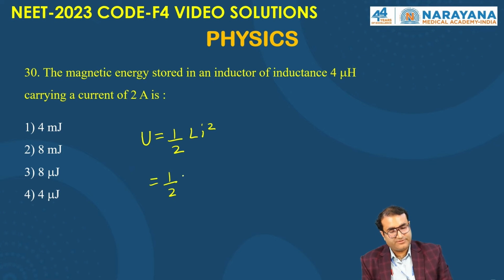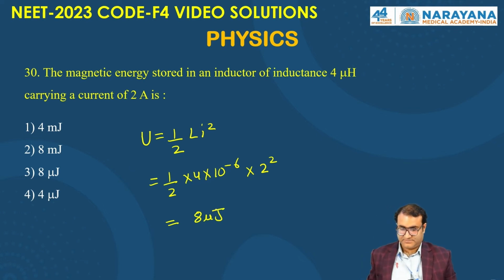This is 1 by 2 into 4 into 10 power minus 6 into 4. This is 8 microjoules. We'll go with the third option, 10 power minus 6 is microjoules here.